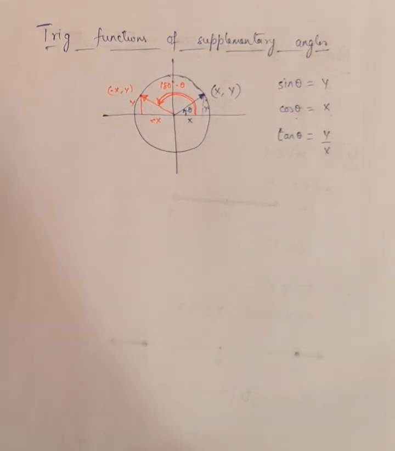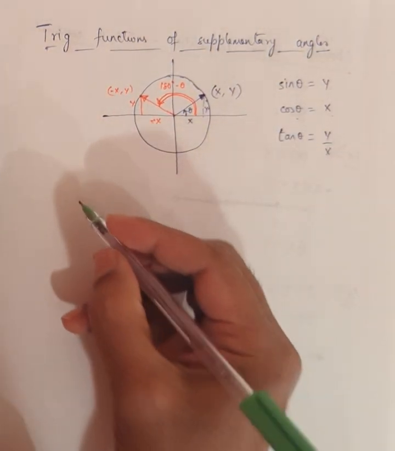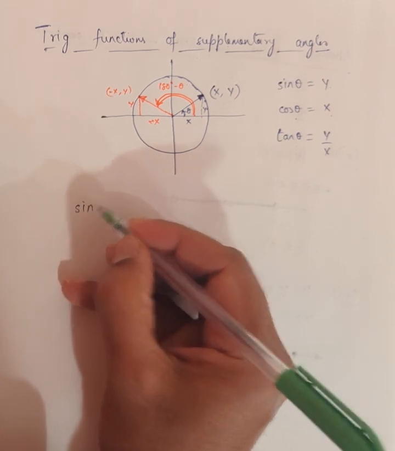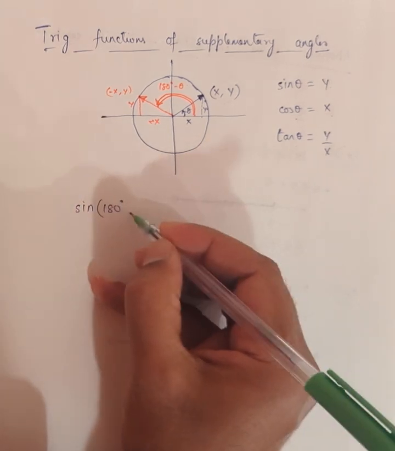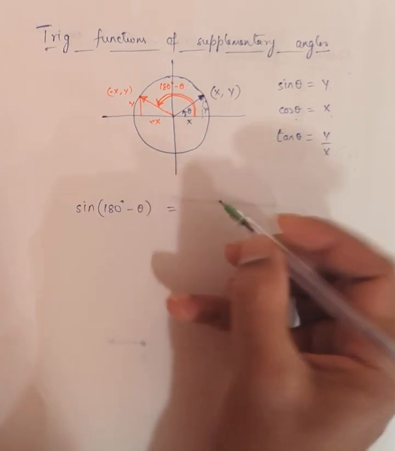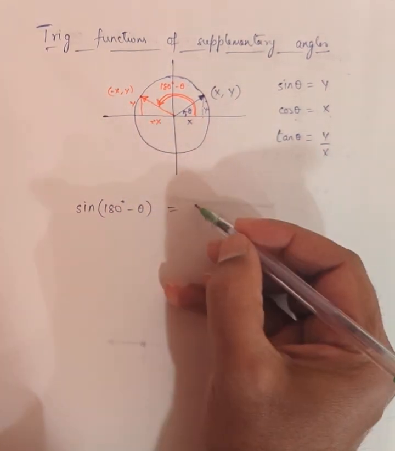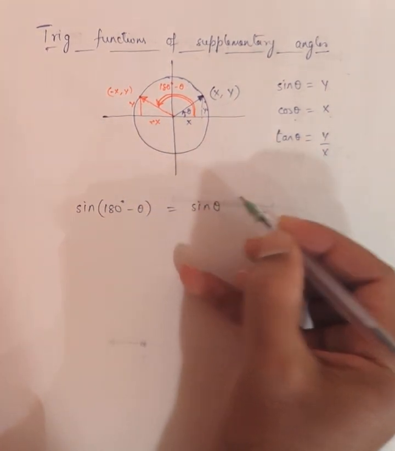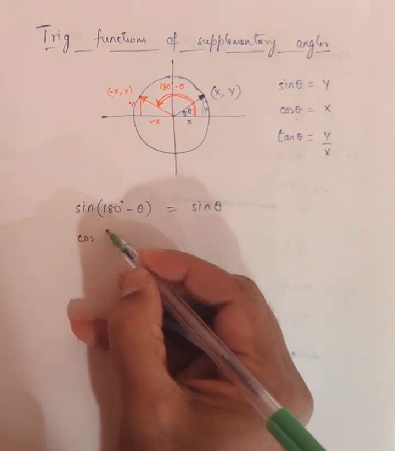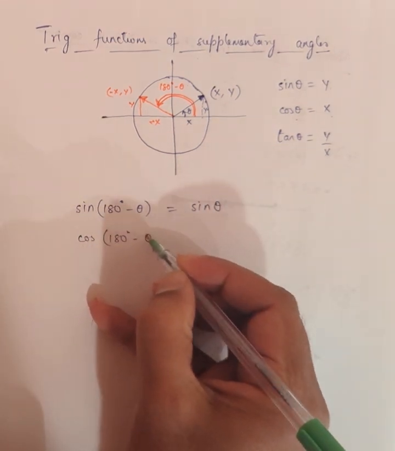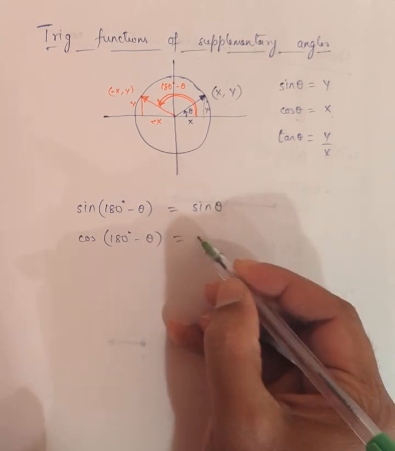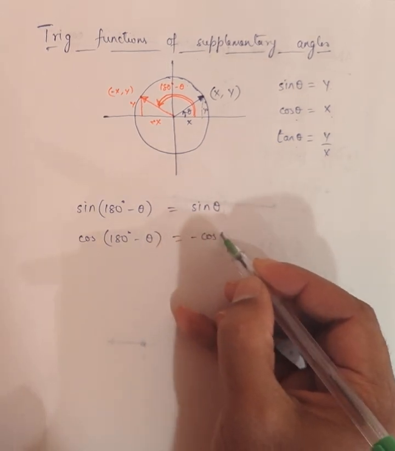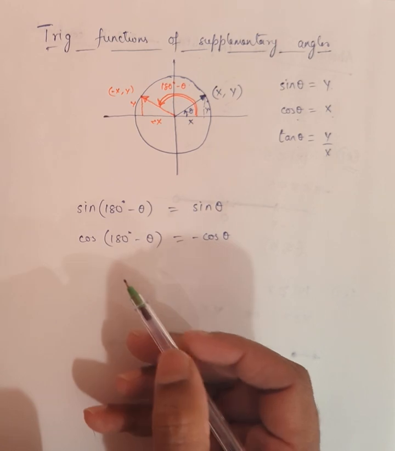Now from here we can write down that sine of the supplement, 180 degrees minus theta, is not going to change because it's the same as y. But cosine of 180 degrees minus theta, that's the opposite of x. So it's negative cosine theta.